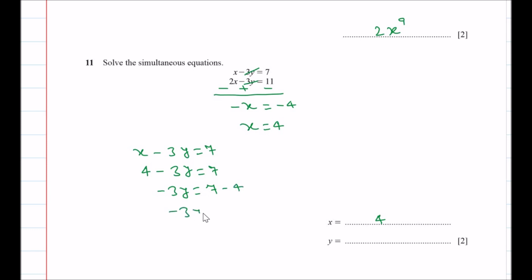Minus 3y is equal to minus 3. I made a mistake, 7 minus 4 is 3. So minus 3y is equal to 3, so y equal to minus 1.